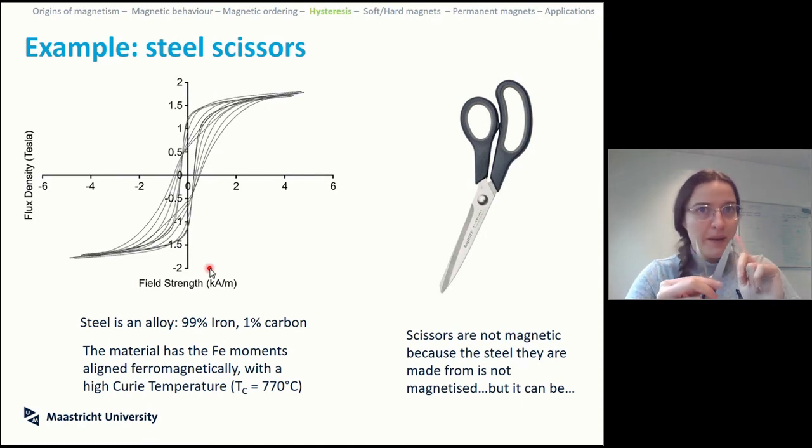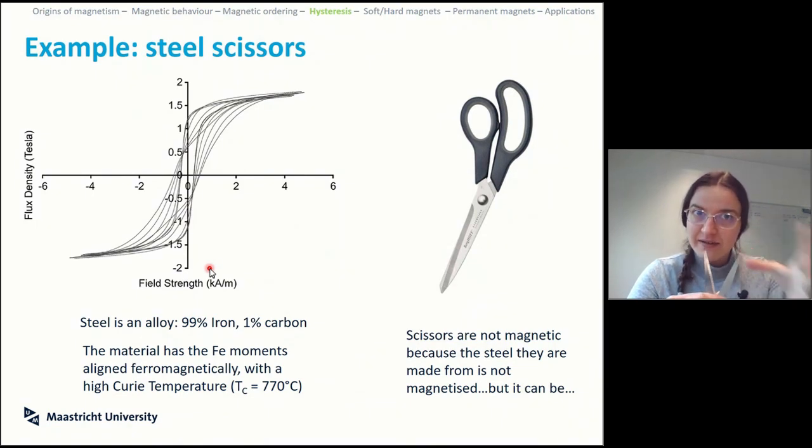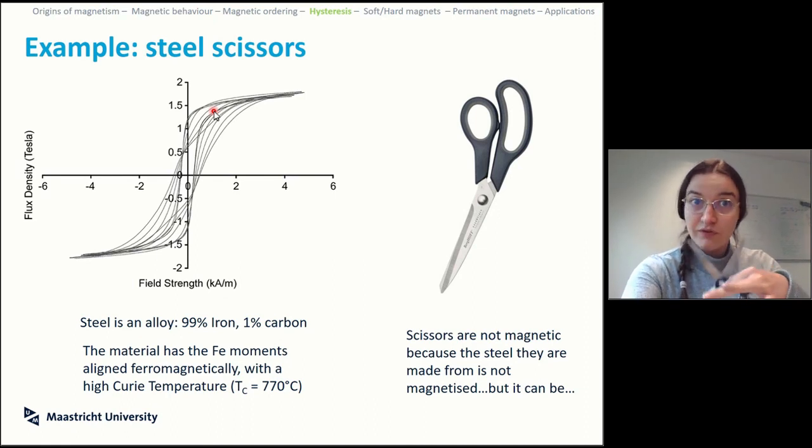But if we want to make it magnetic, so something that will retain a flux inside, you need to go through the hysteresis loop. So you need to bring it to saturation magnetization, and if you remove the magnetic field, this will keep a remanence.